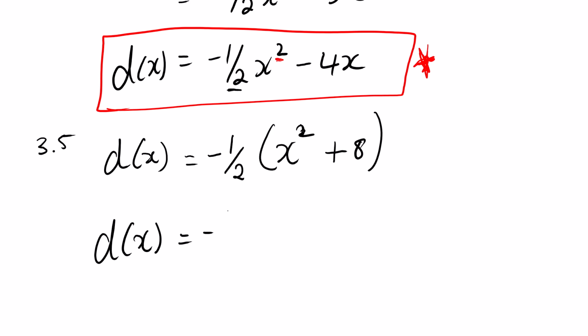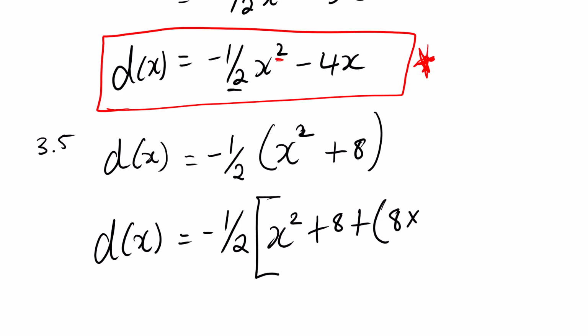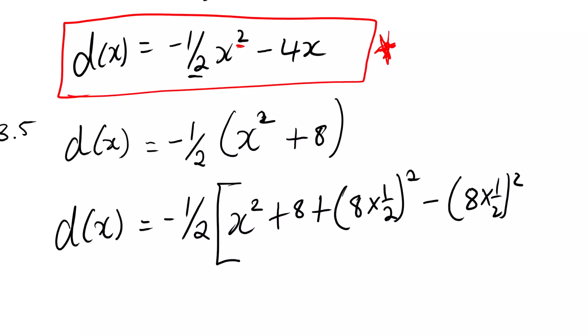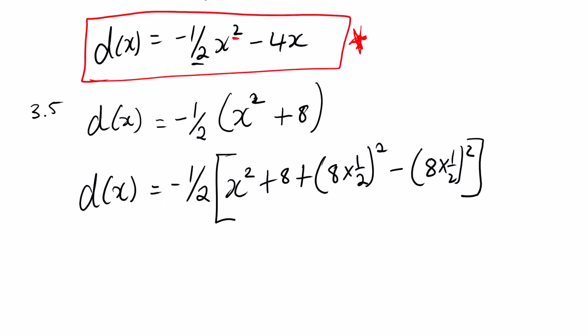From there, we introduce: we have x squared plus 8x. It will be 8 multiplied by 1 over 2, squared, minus 8 multiplied by 1 over 2, squared. We close the bracket.